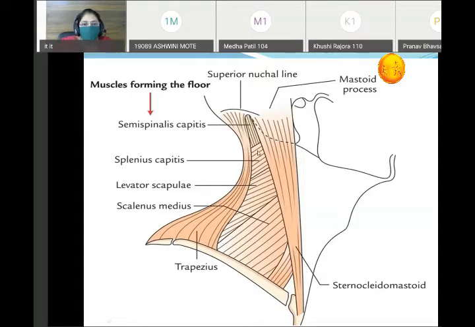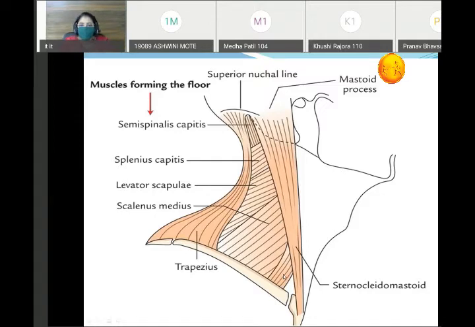So here you can see, more superiorly towards the apex, some fibers of the semispinalis capitis. After that, the splenius capitis, where you can see the horizontal running fibers. Then levator scapulae, then scalenus medius, and scalenus anterior.